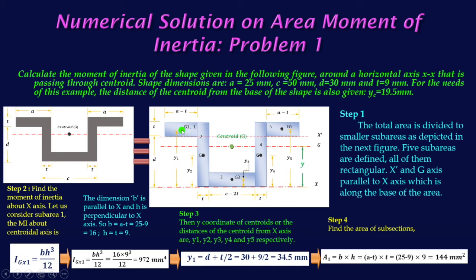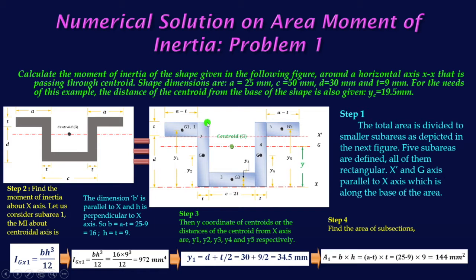This particular point is the centroid of segment 1, centroid of area 1, G1. And what's the coordinate? Y1, we have to find out. Similarly, if there is a y-axis, measure the x coordinate of the centroid. But now we are going to determine only with respect to the x-axis.